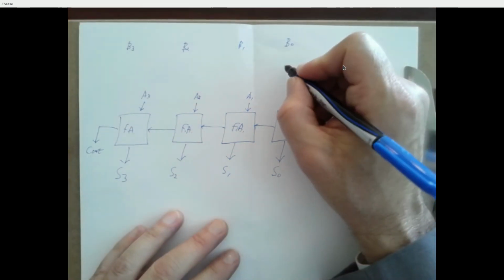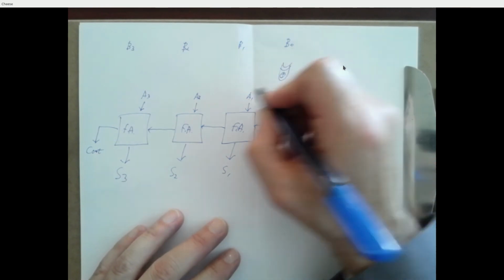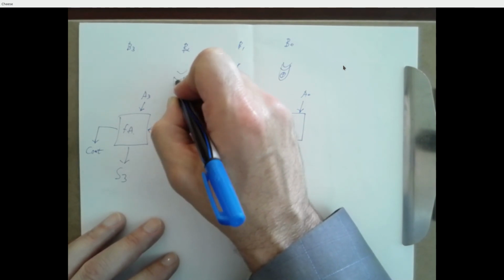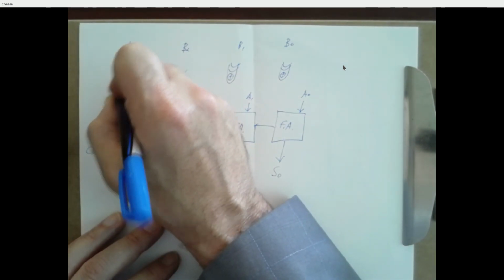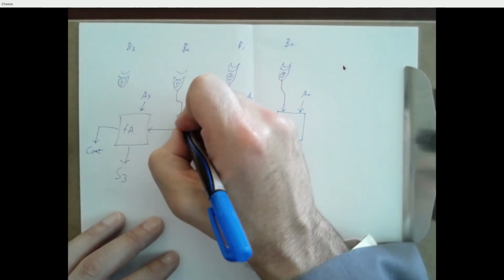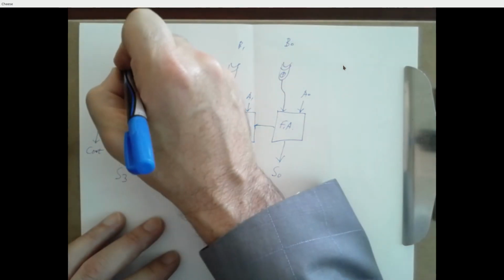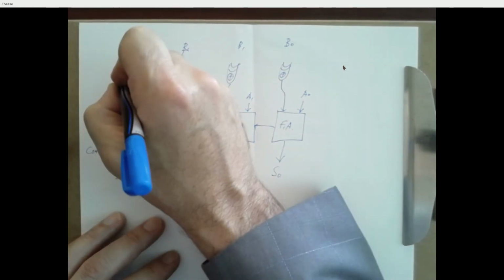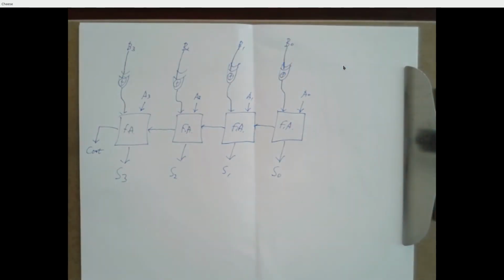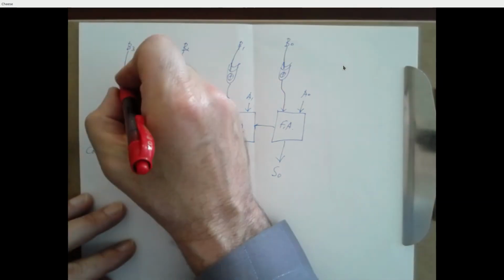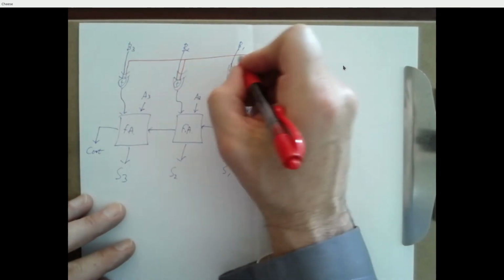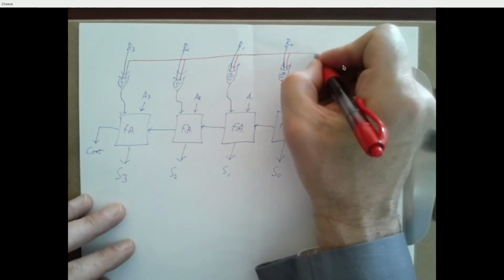So I'm going to hook up some XOR gates to feed my B inputs. But this other input on my gates, I'm going to feed that from outside.